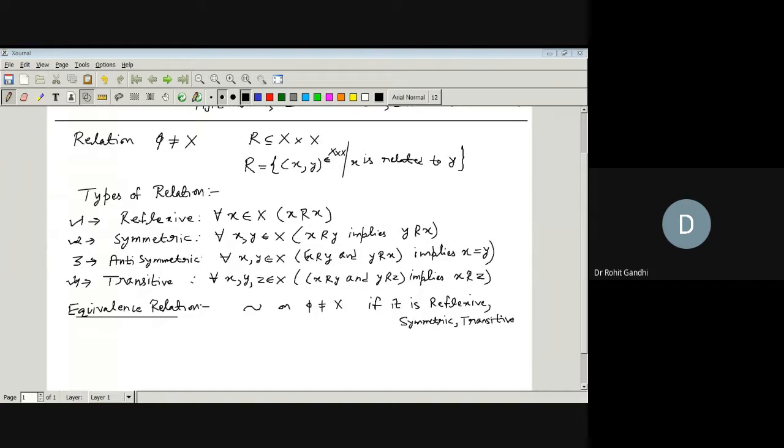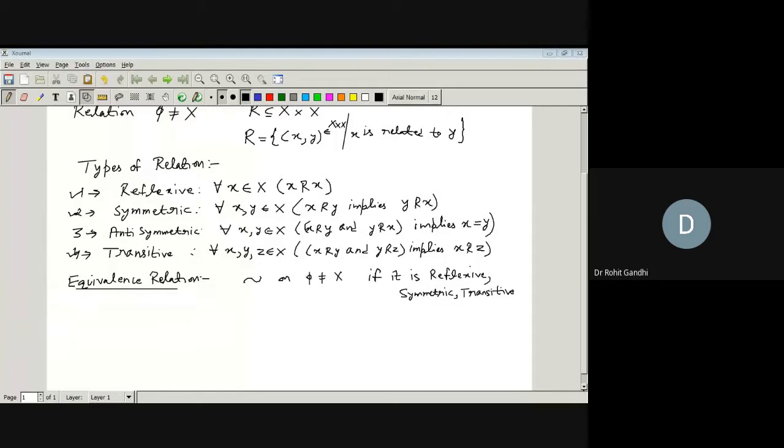So a relation is said to be an equivalence relation if it is reflexive, symmetric, and transitive.